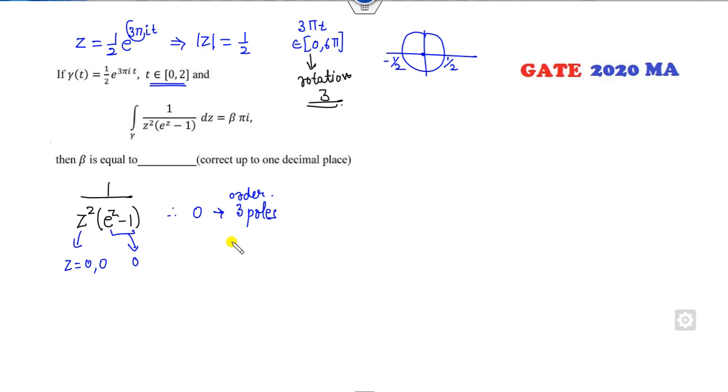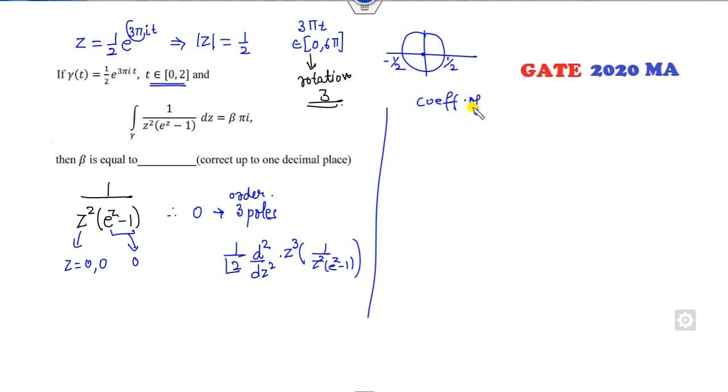So how you can find this? That means I can find either the coefficient way, fine, or you can take 1 over 2 factorial of the second derivative of z cube times this function. Either you can write like this way, find the second derivative of this, or otherwise we can expand it as a series. We can find the residue as the coefficient of 1 over z.